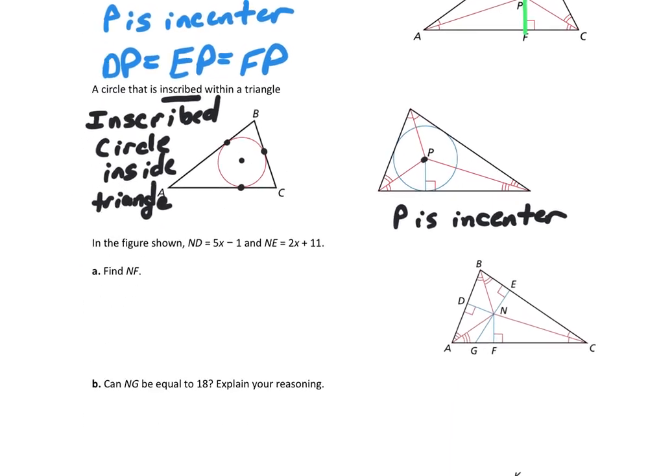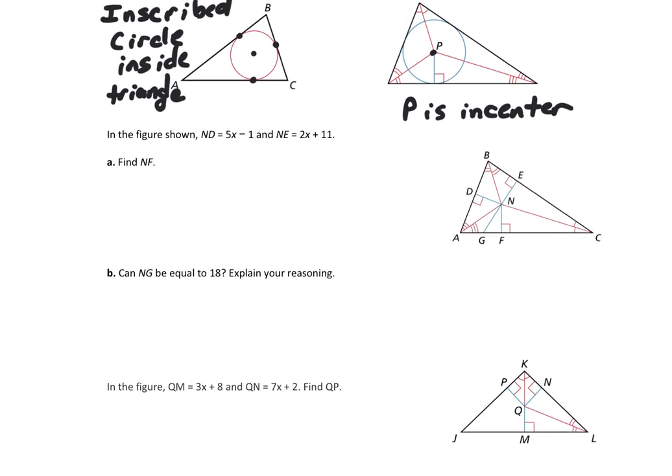Okay, now using that, coming down here, essentially we have the same picture, we have different letters, we have different labels on it. What three pieces would be congruent in this picture? We've got three that we're looking for, based on the picture at the top that we just labeled. And it goes from the incenter to what?